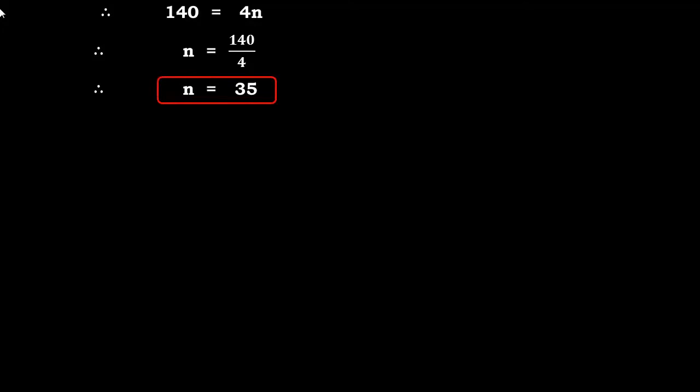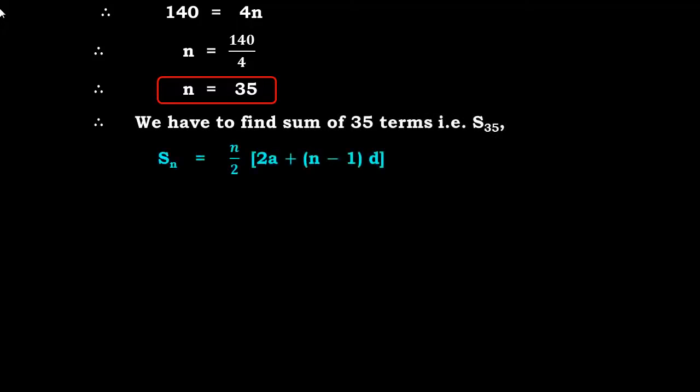The 4s get cancelled, so 140 is equal to 4n, n is equal to 140 upon 4, that is n is equal to 35. Now you can calculate the sum of these 35 numbers by using the formula Sn is equal to n upon 2 into 2a plus n minus 1 into d. So substitute the value of n as 35, a is equal to 4 and d is also equal to 4.